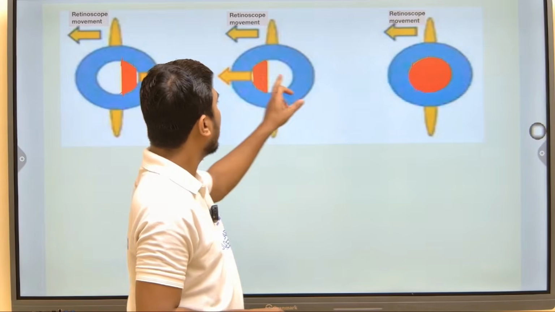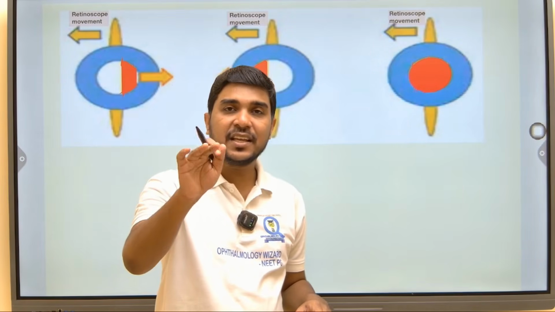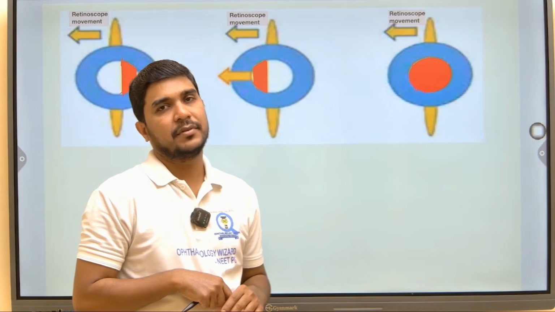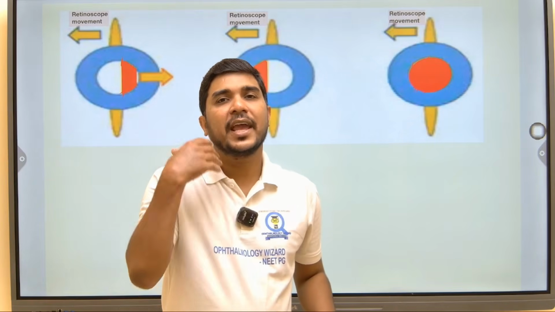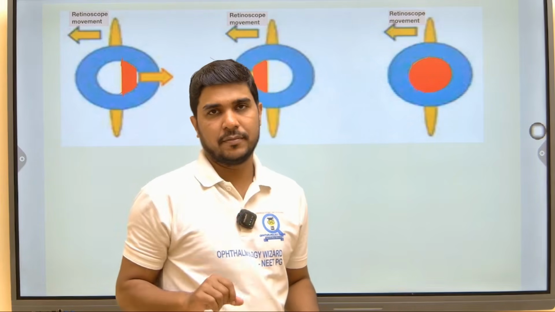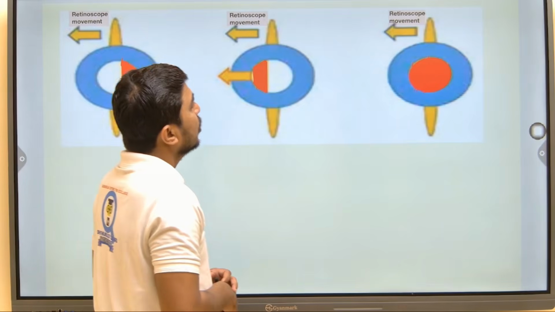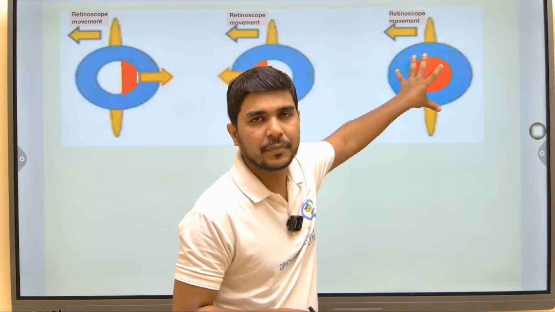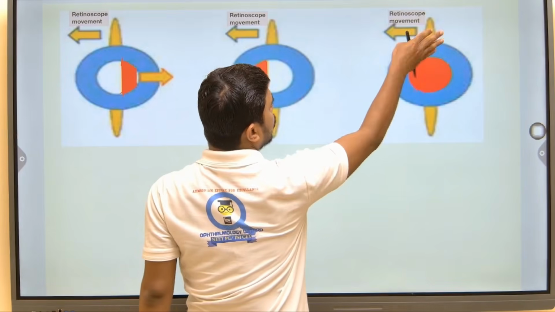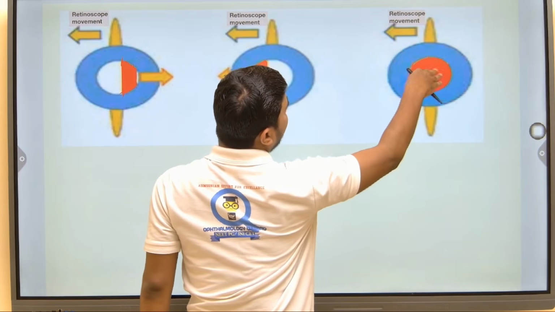And this red one is the red reflex that he is seeing in the eye of the patient. Can you see it is a perfect sphere? That means there is no movement. Even if the retinoscope moves, there is red reflex, no movement.